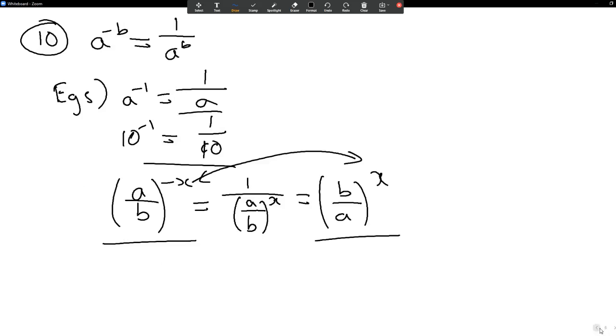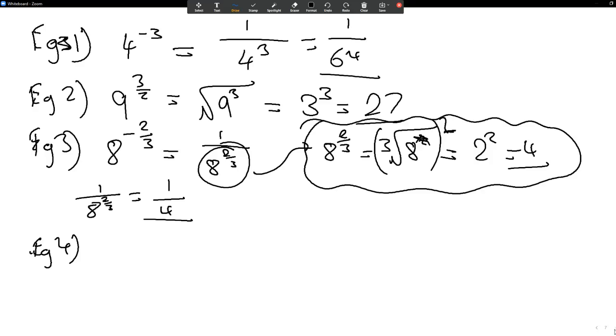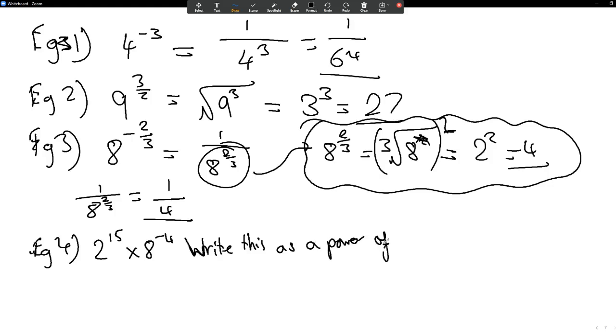The last thing is this type of question, where you get something like 2 to the power of 15 times 8 to the power of minus 4, and it says write this as a power of 2.